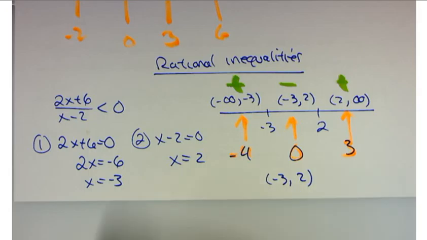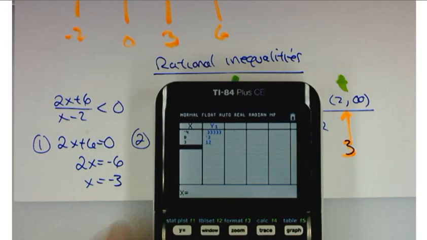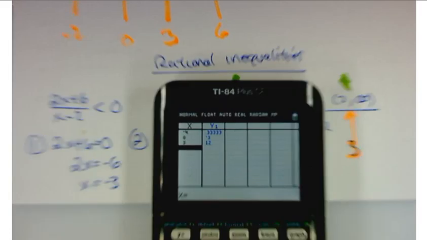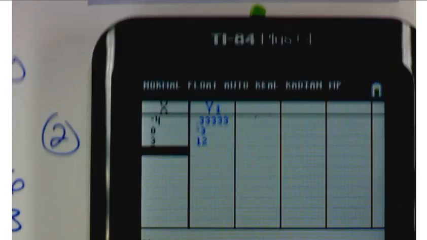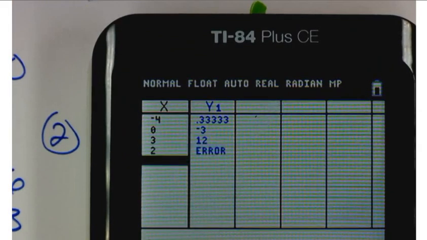In fact, let's see that on our calculator. What if you put in a 2 into your calculator? Put in a 2 into your calculator and see what you get. Why is it giving me an error? Right. What's going on when my denominator equals 2? It's 0. You're dividing by 0 when your denominator is 2.